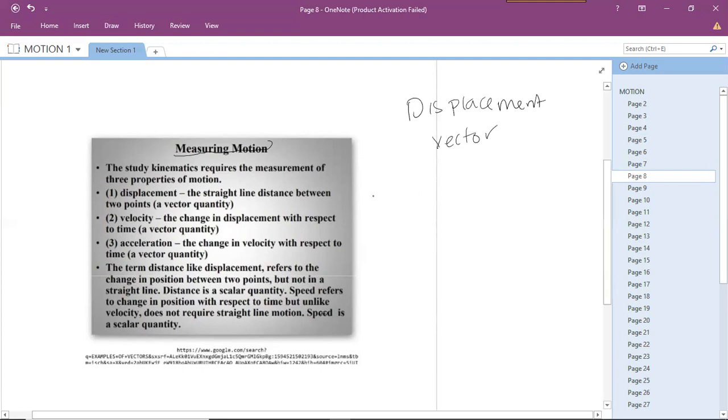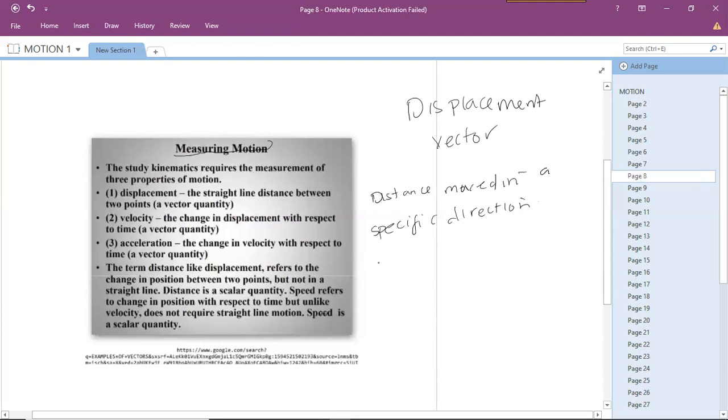So this one is the distance moved in a specific direction. So displacement becomes the distance moved in a specific direction.